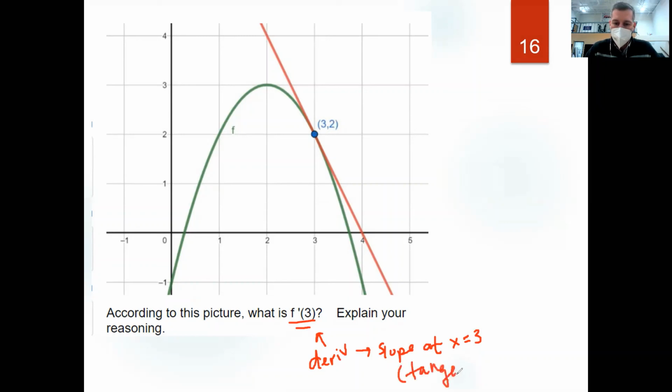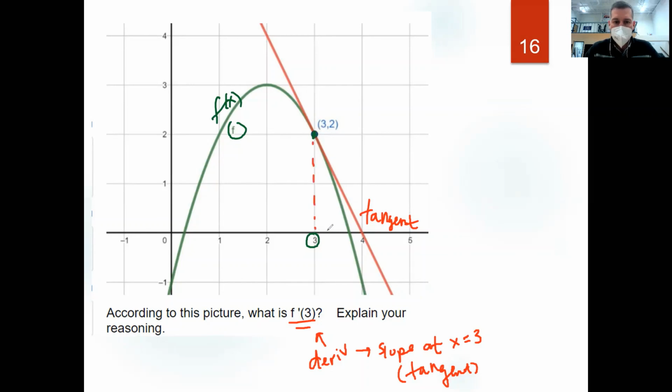So all of these pieces of information need to be related together. Here's my tangent line, there's my red one. You can see my f function right here. This is my function f of x. So if I'm looking for the slope at x equals 3, here's 3. What's the slope of my tangent line? Let's count it.